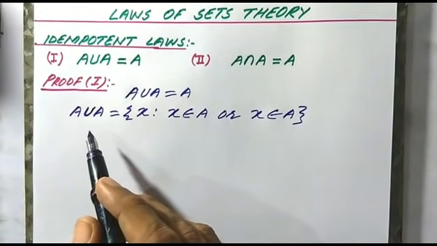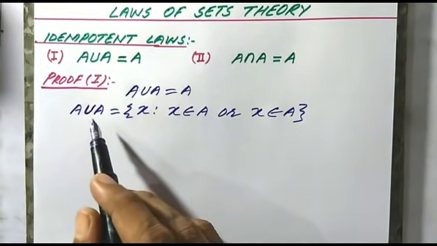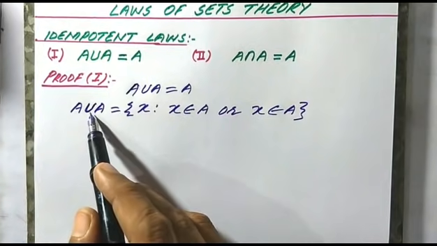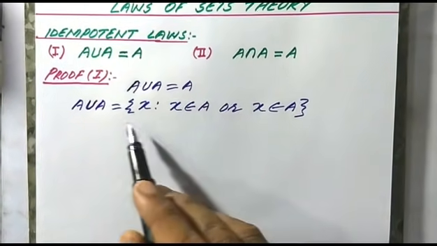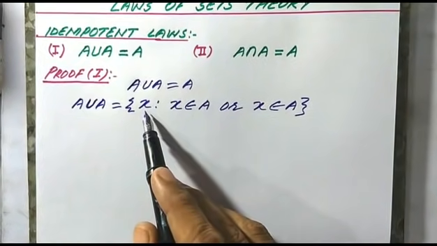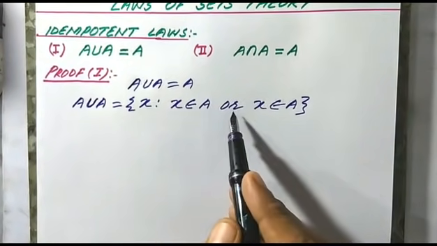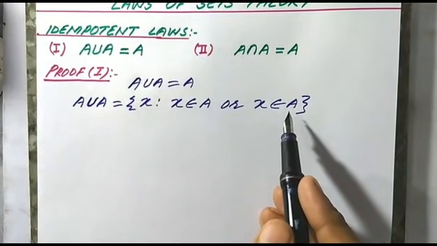These two points must be kept in mind well. So there is union between A and A, so we use the word or. So A union A is a set of X such that X belongs to A or X belongs to A.